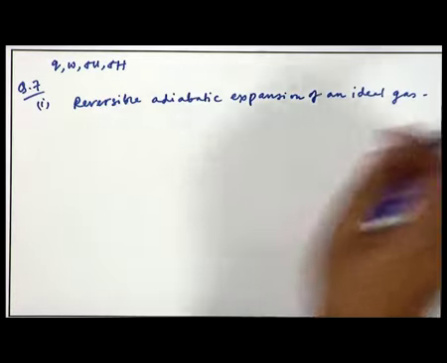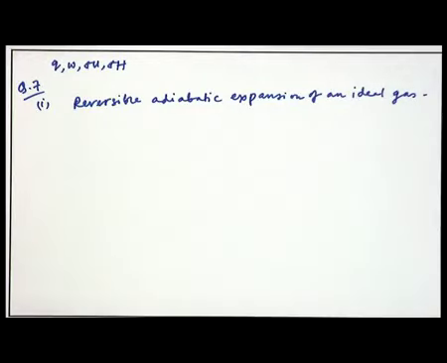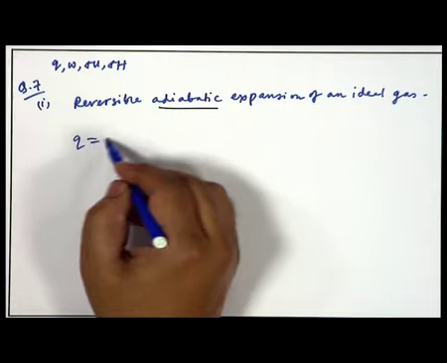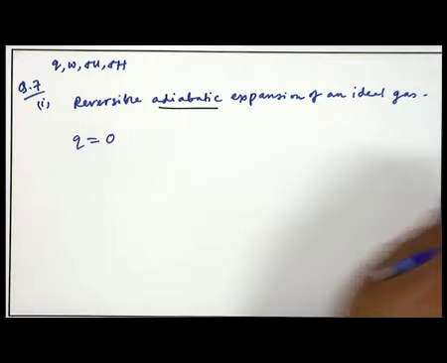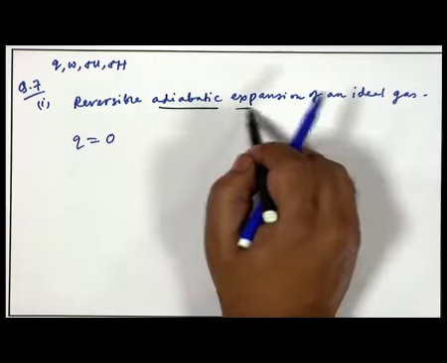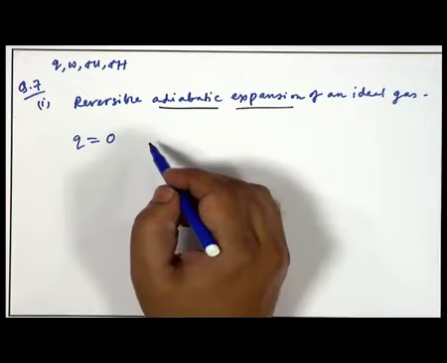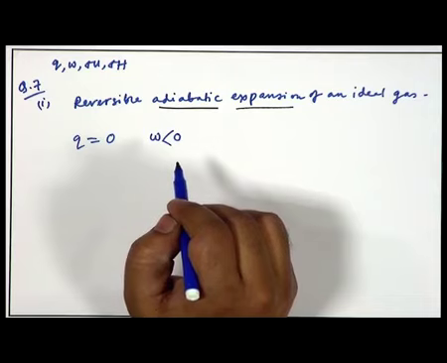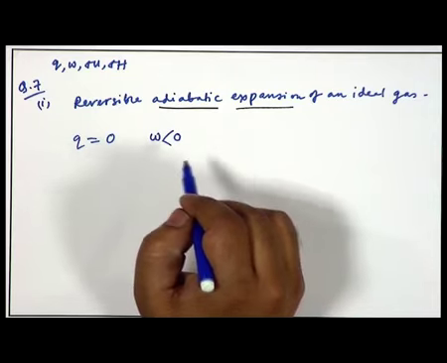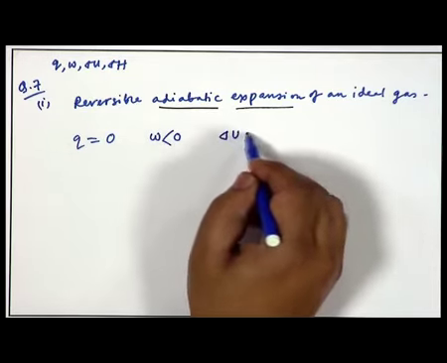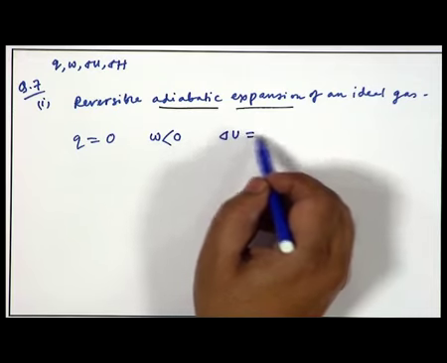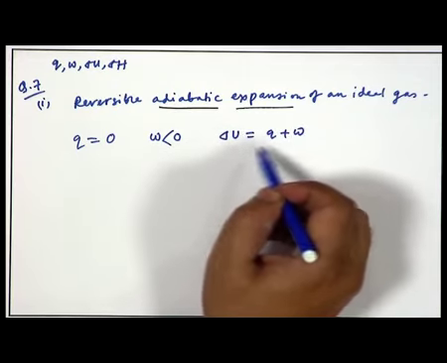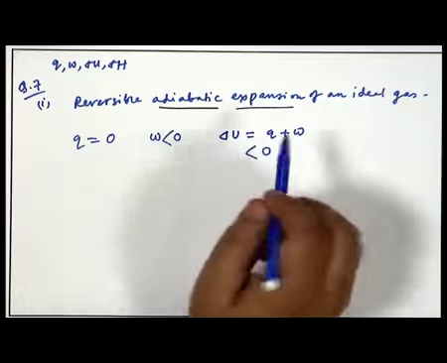You have to tell me what is the sign of q, w, del U, and del H. Obviously adiabatic, which means q is 0. Expansion, you know expansion means W is negative. So, del U, which is Q plus W, would also be negative.